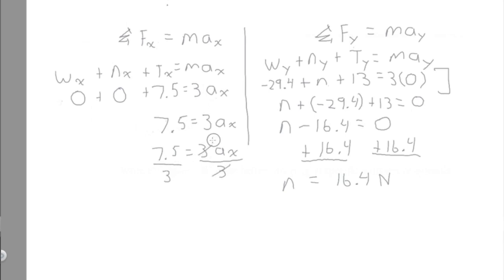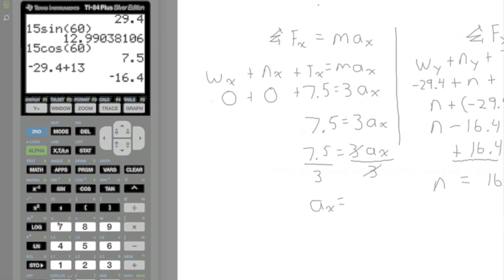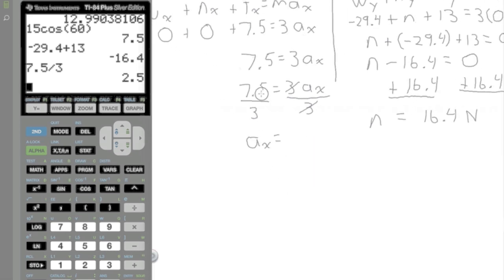We divide both sides by 3. Do the division, 7.5 divided by 3. That's a division you might be able to do without the calculator, and we end up getting 2.5 as our result.